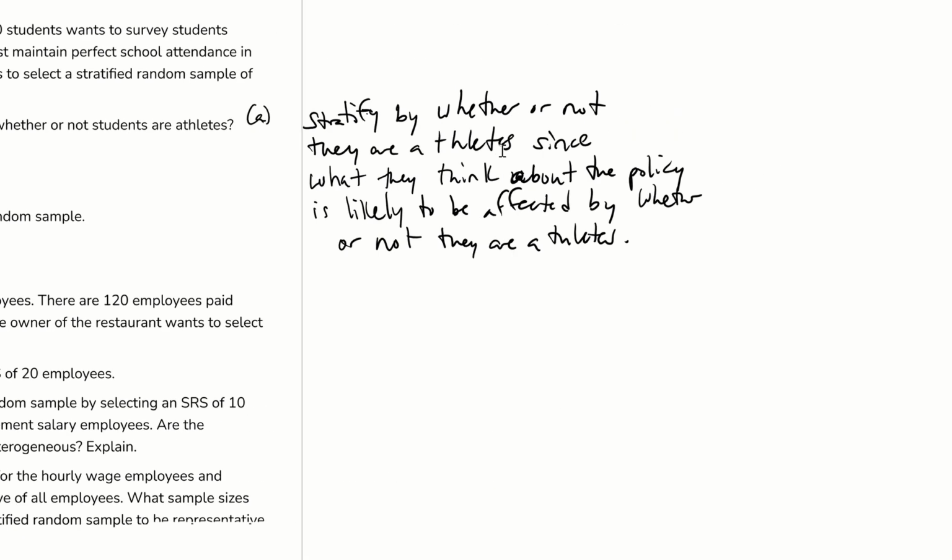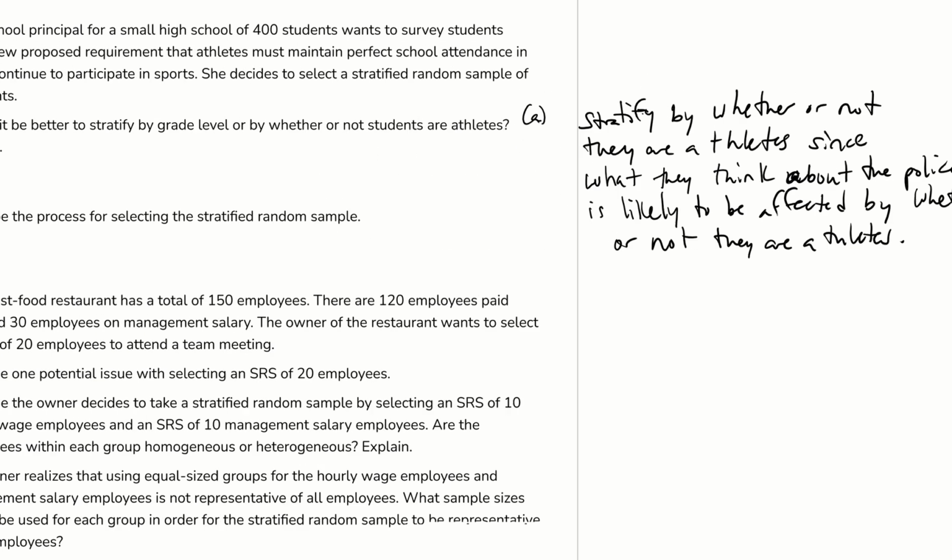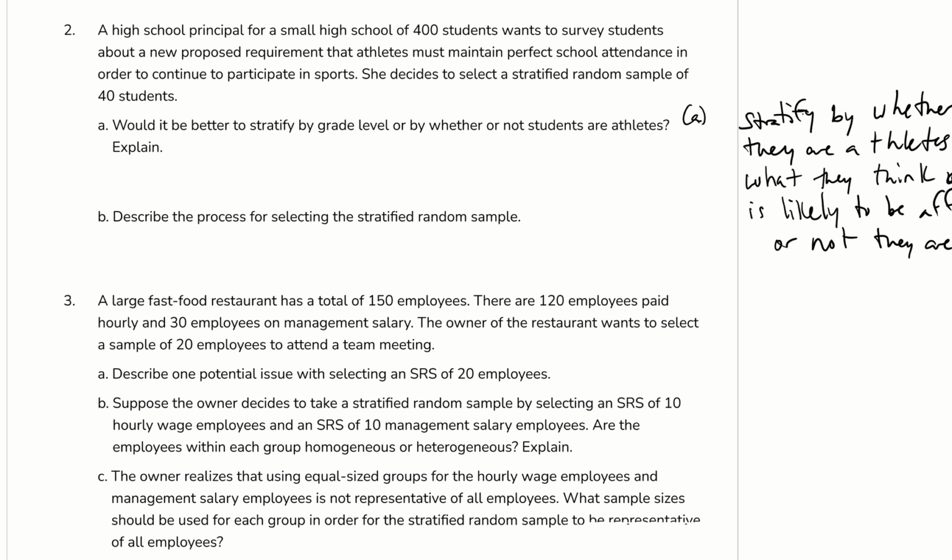And then part B. Describe the process for selecting the stratified random sample. All right, so we're going to talk about that process. We're going to stratify by whether or not they're athletes. So we're going to split them up: athletes, non-athletes. Then from the athletes, we're going to do a simple random sample and select X amount of people. From the group of non-athletes, again, do a simple random sample.